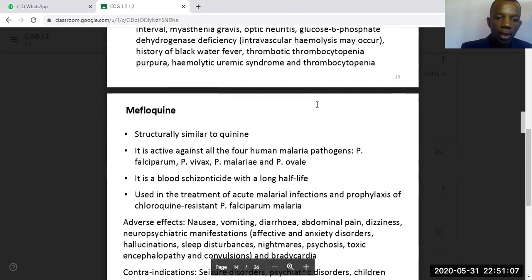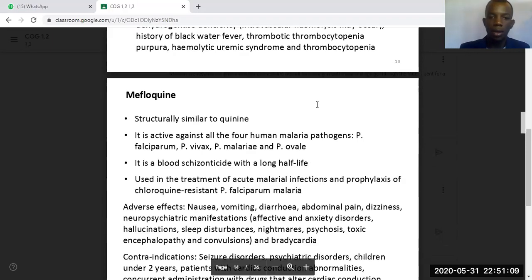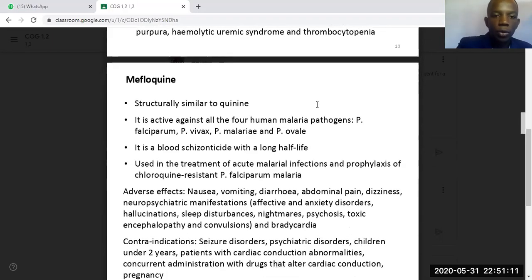Now, let's also look at a drug called mefloquine, which is structurally similar to quinine. This one is active against all the 4 human malaria pathogens, except Plasmodium knowlesi. So Plasmodium falciparum, Plasmodium vivax, Plasmodium malariae, and Plasmodium ovale.